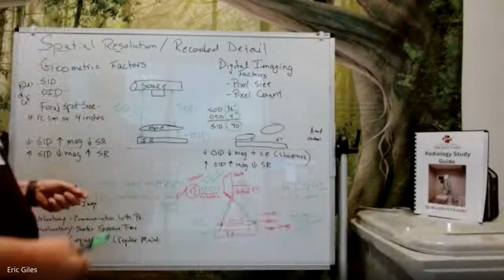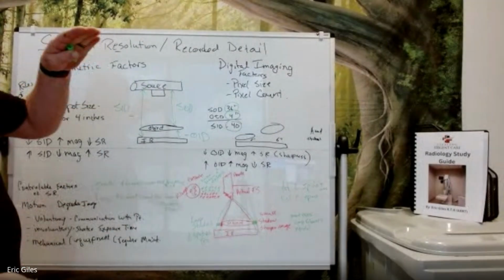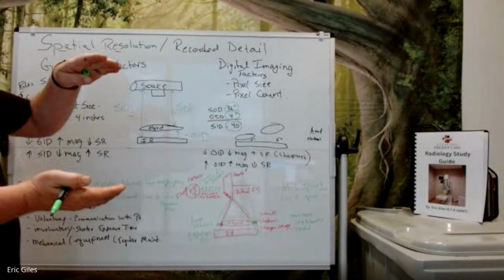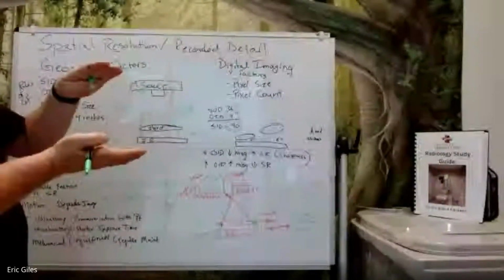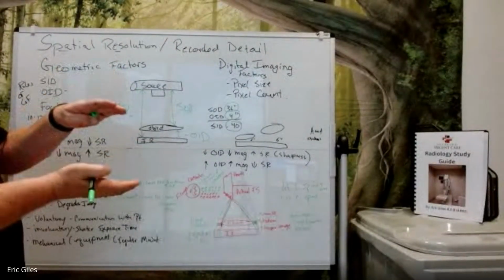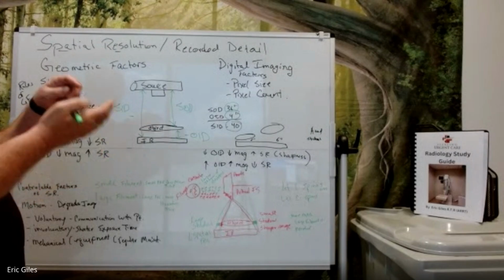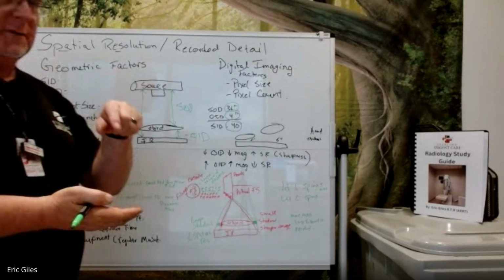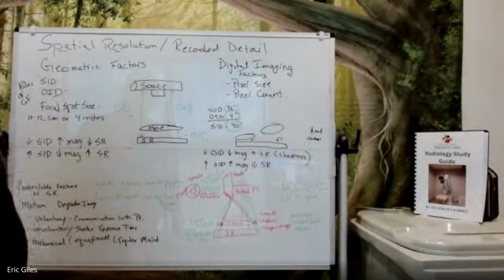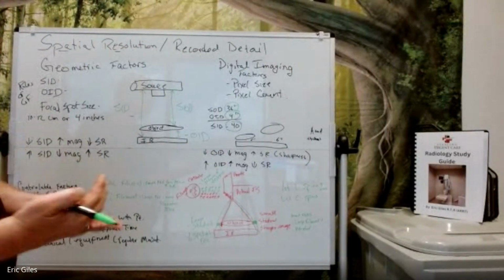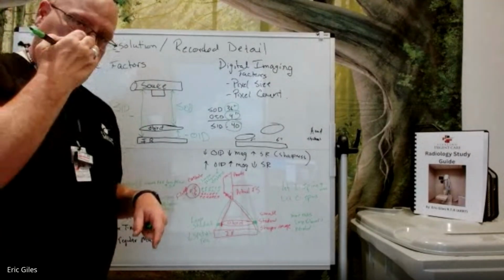Whereas if our SID is shortened, we're going to have less magnification, or sorry, more magnification and less resolution. So that's just something to keep in the back of your mind.